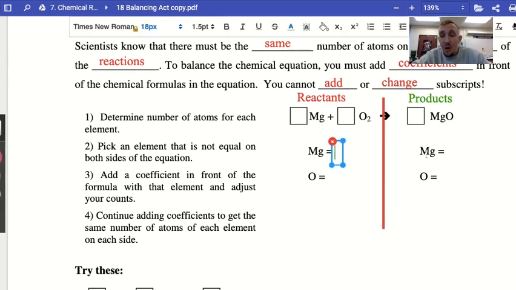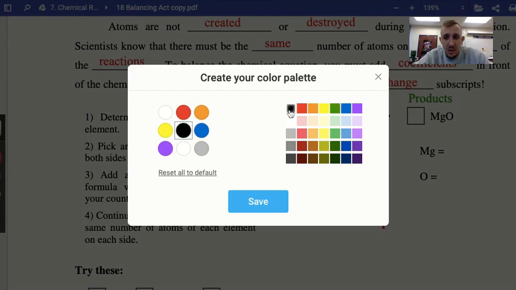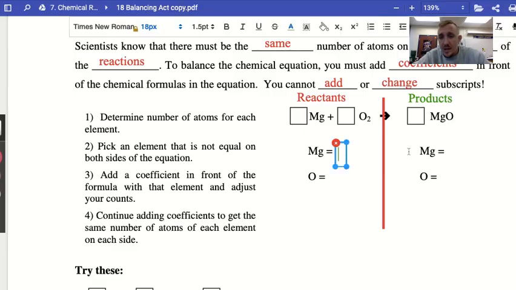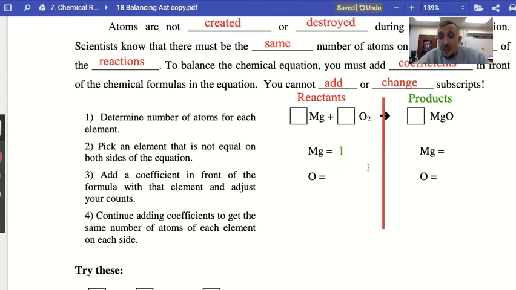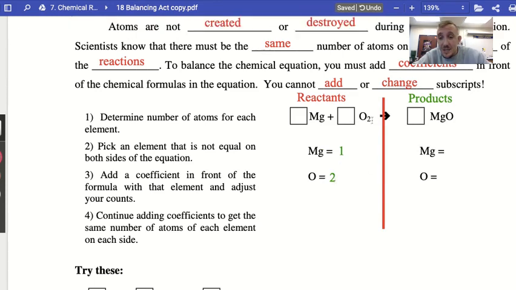So I have 1 magnesium. Now looking at oxygen, I have 2 because I have a subscript of 2. So I've got 2 oxygens.